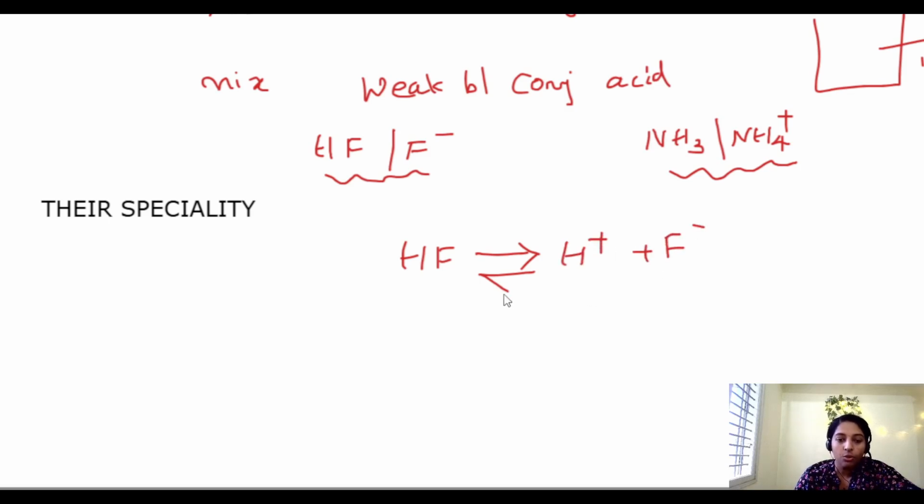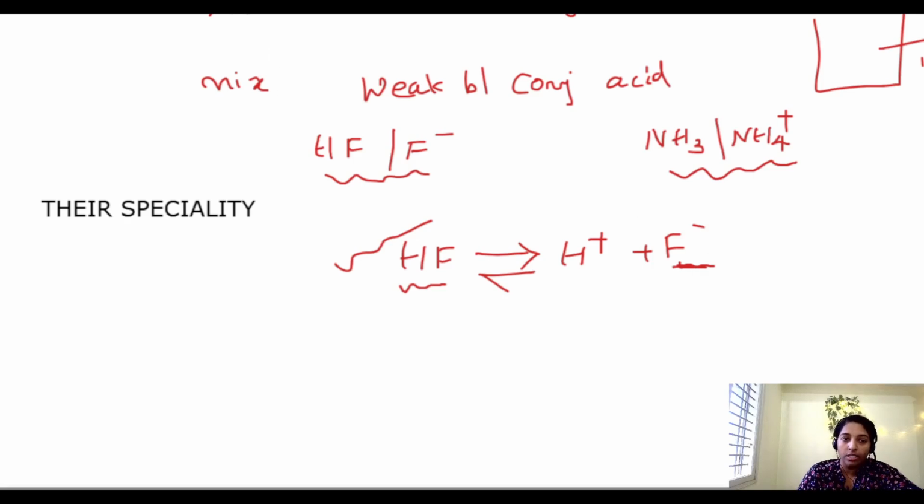Whenever you are taking just HF, there will be F minus, correct? This equilibrium exists for all weak acids. So when you are taking a weak acid, there will be the weak acid and its conjugate base. Even if you are not separately taking F minus, the F minus is there. Then why can't we say every weak acid itself behaves like a buffer?